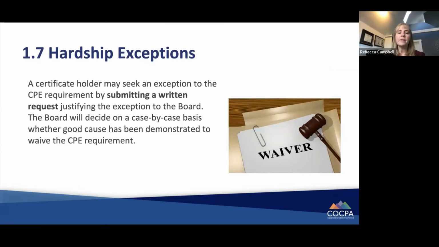You can submit a written request. I just want to caution you about this. In my session earlier this morning, I talked about the makeup of the board. It's 5 CPAs and 2 public members. These are the people who are reviewing your written submission for a hardship request not to meet the CPE requirement. In the past, it had to have been some significant event for them to grant it.